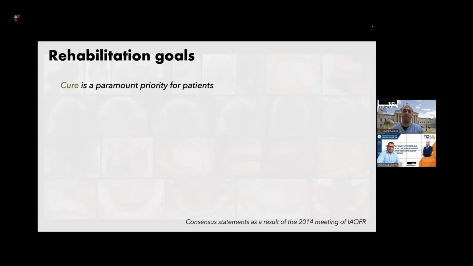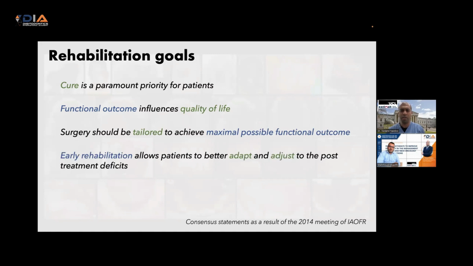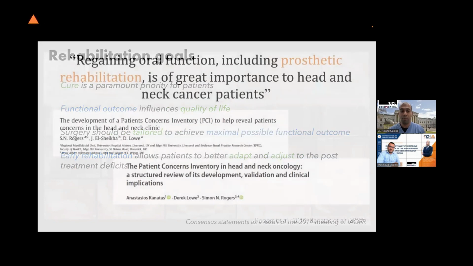If we look at some of the consensus statements from the 2014 meeting of the International Academy of Orofacial Rehabilitation, they agree with what we just said. They said cure is paramount for patients, but functional outcomes do influence the patient's quality of life. Surgery, therefore, has to be tailored to maximize the functional outcome. And the earlier we can rehabilitate the patient, the better these patients are able to adapt and adjust to the post-treatment defects, which then ties in with their functional outcome, which then ties in with their quality of life.